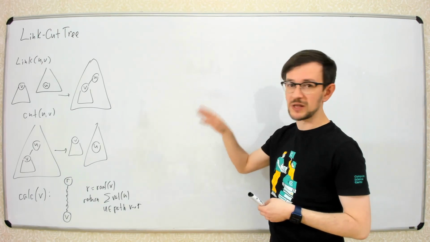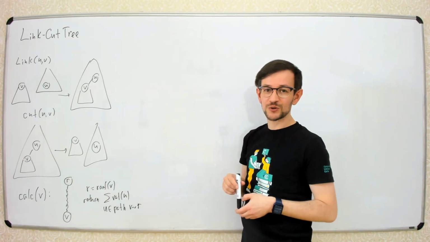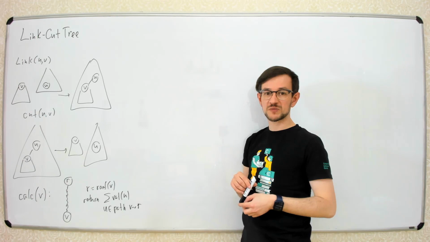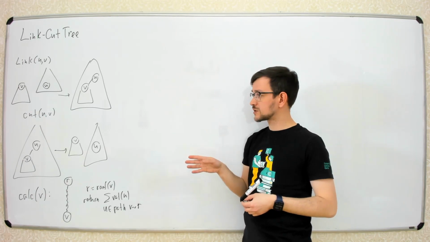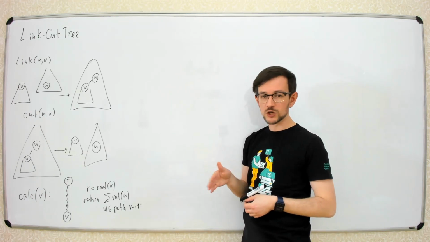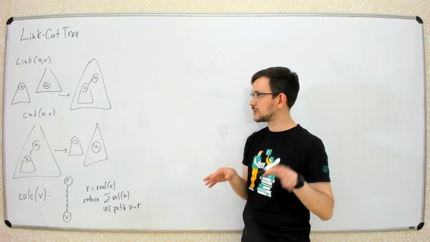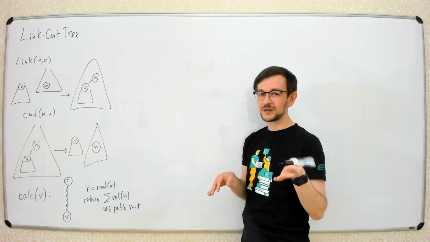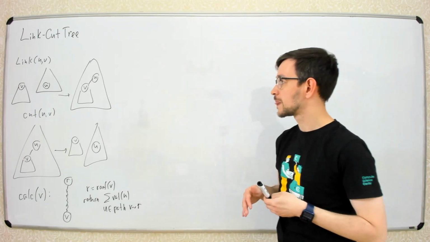It actually uses splay trees inside, so if you don't know how to use splay trees, you may go back to the lecture about splay trees. If you don't remember exactly how splay trees work, it's not a big deal. You can watch it later.